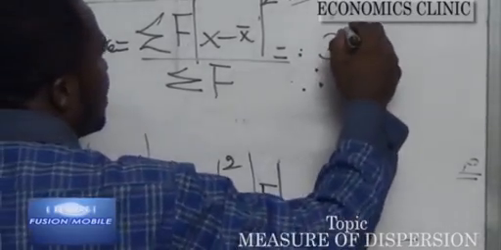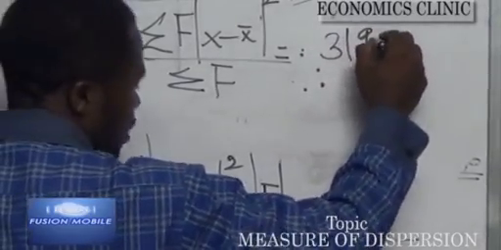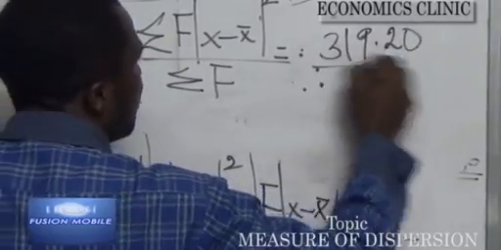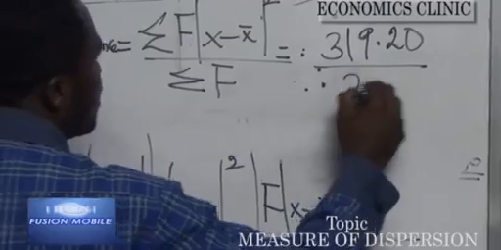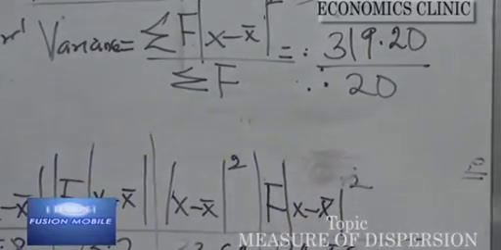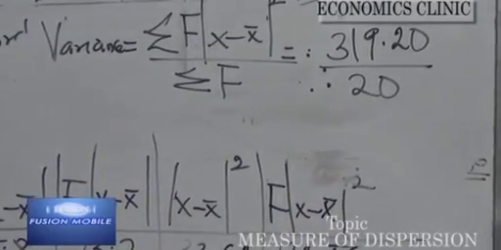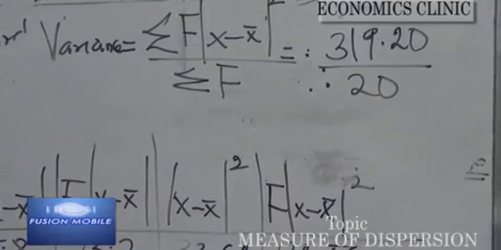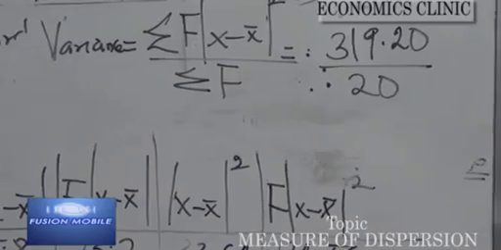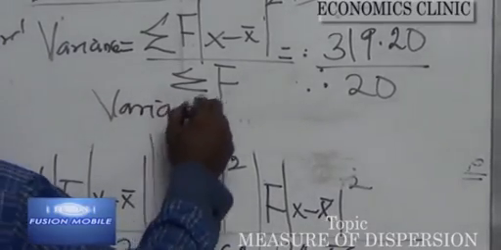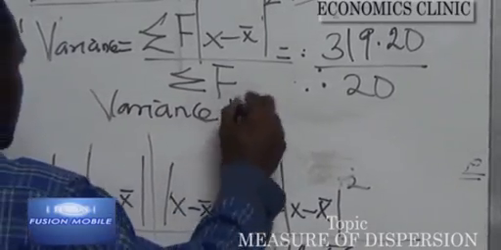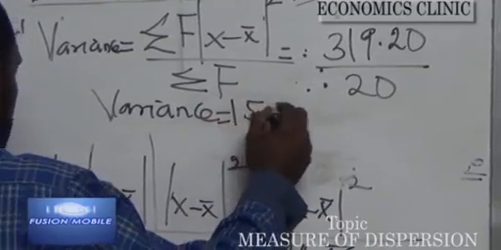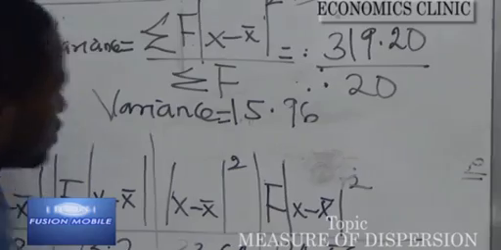So we have 319.20 divided by summation f, which is 20. So by solving this, we have our variance to be 15.96.